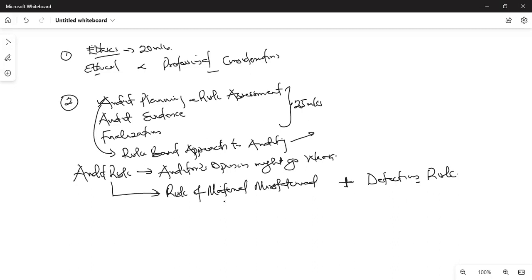But the risk of material misstatement is for the firm, and so it has two components under it. We have the inherent risk and we have the control risk.